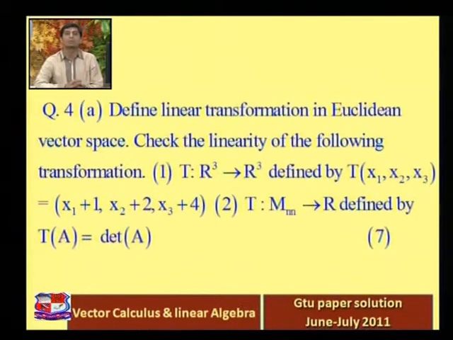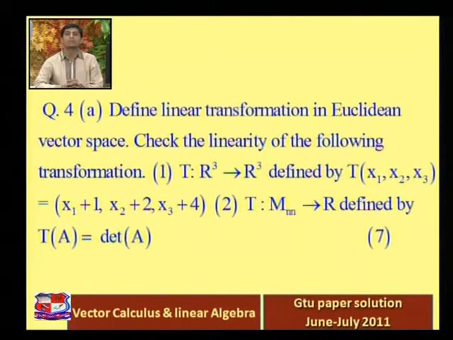Here is question number 4. Define linear transformation in Euclidean vector space. Check the linearity of the following transformations. Here is the transformation T from R3 to R3 defined by T of x1, x2, x3 equal to x1 plus 1, x2 plus 2 and x3 plus 4.